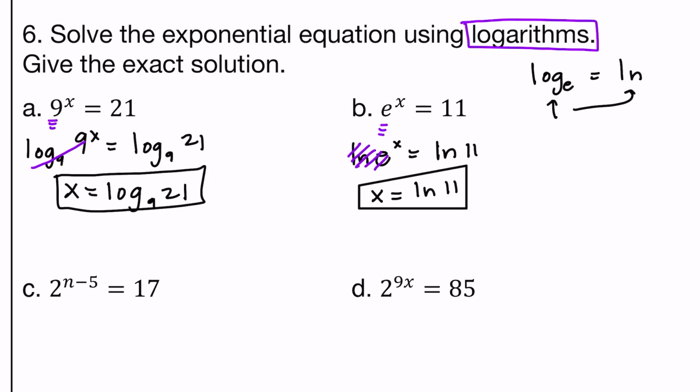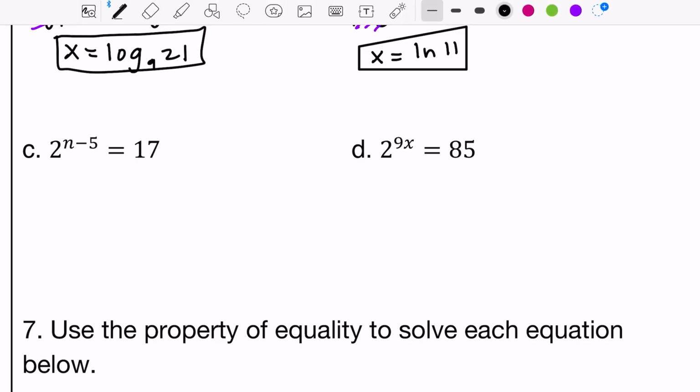Now we got a couple more steps on these ones. This is base 2. So what we're going to do is make sure that when we reverse base 2, we do it with the logarithm of base 2. So you can see what I'm really doing is this piece is here, and then I'm taking a log base 2 of both sides.